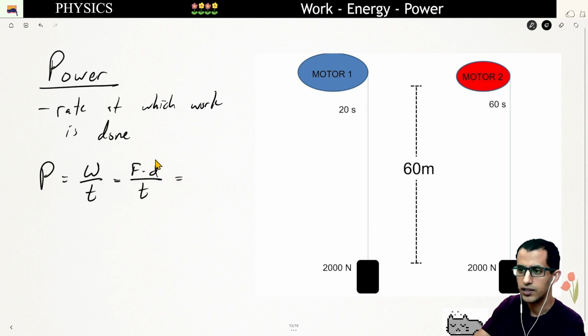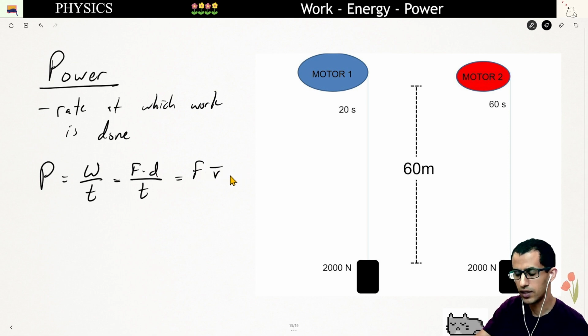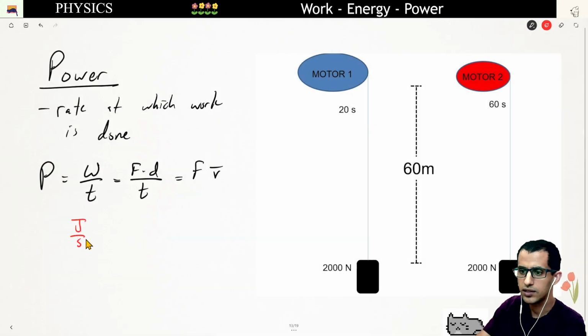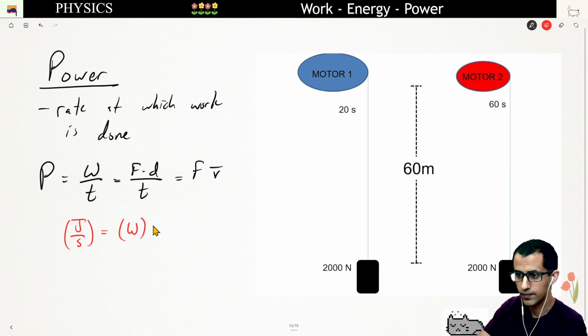And then if I divide distance by time, I get average speed. So here are the different forms of the power equation. The units for power based on work over time are going to be joules per second. And the abbreviation for that is watts.